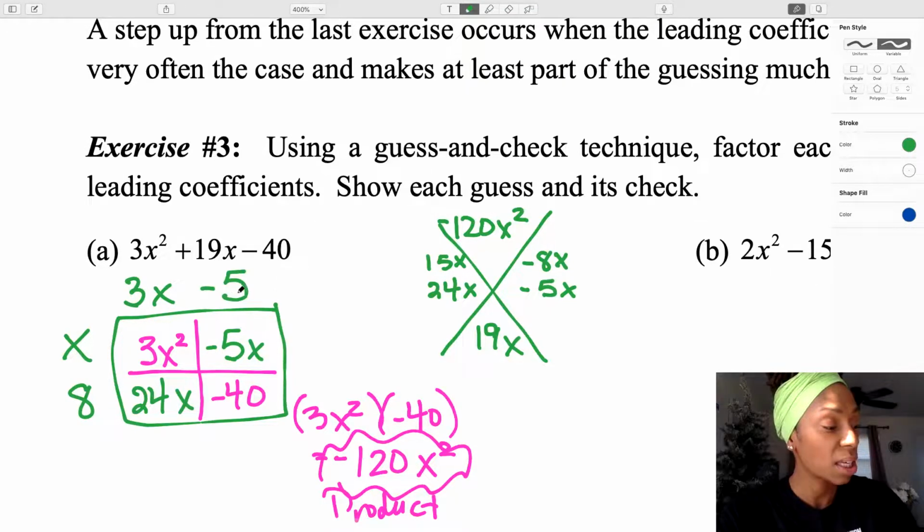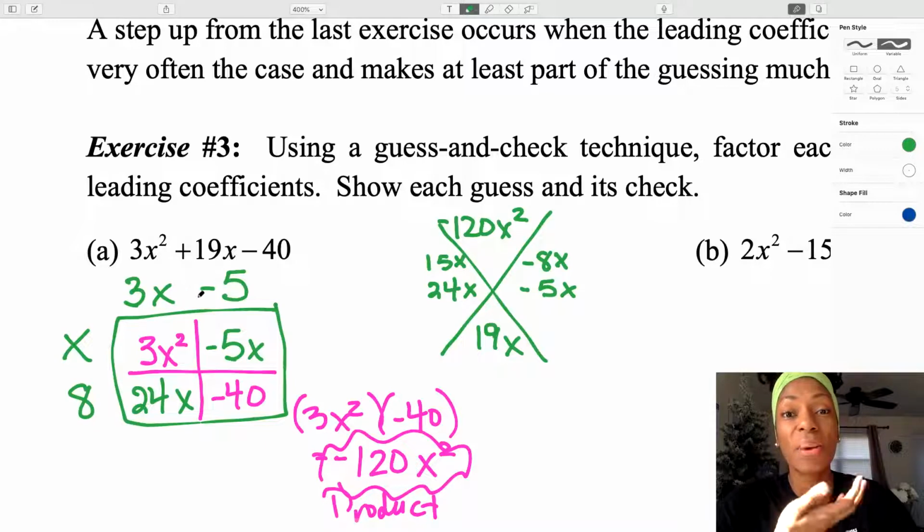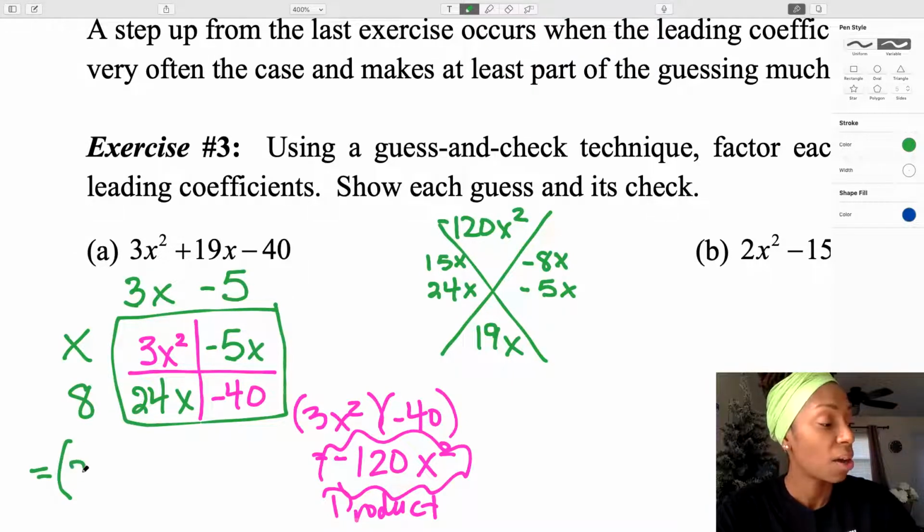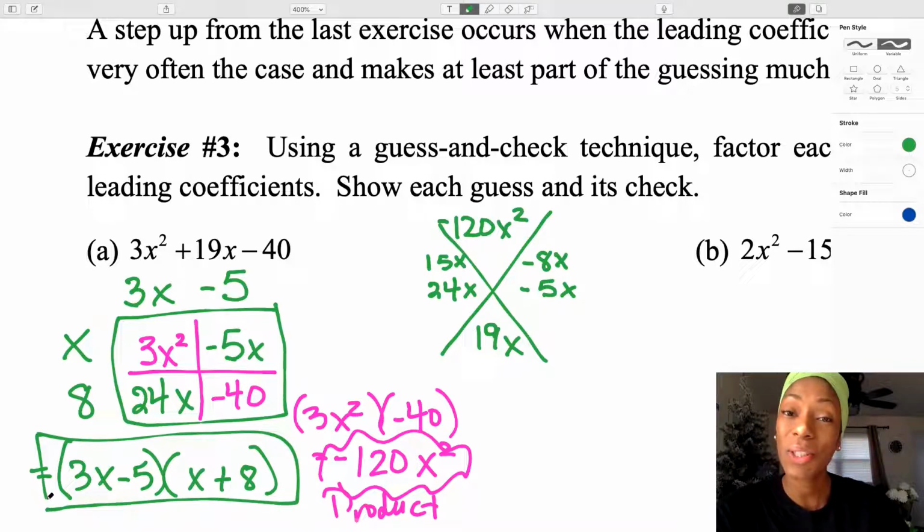And then check, does negative 5 times x give me negative 5x? It does. So we are done. We have our dimensions, therefore we have factored. The two binomials that we multiply to get 3x squared plus 19x minus 40 are 3x minus 5, that's how I got this, and x plus 8. That's my answer. Those are my factors.